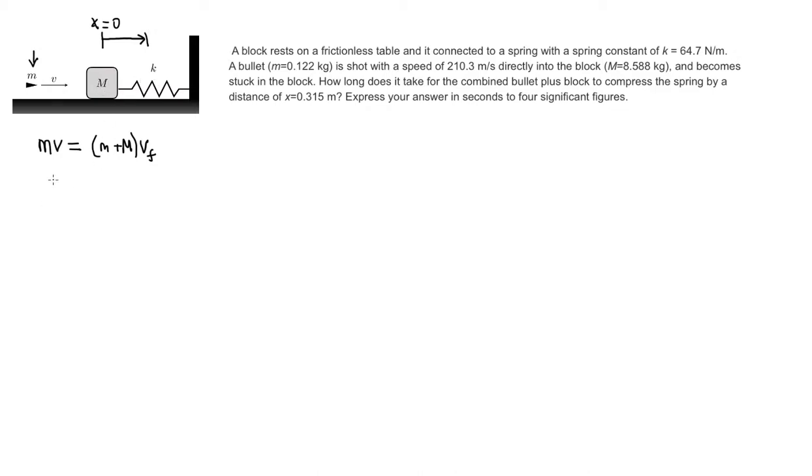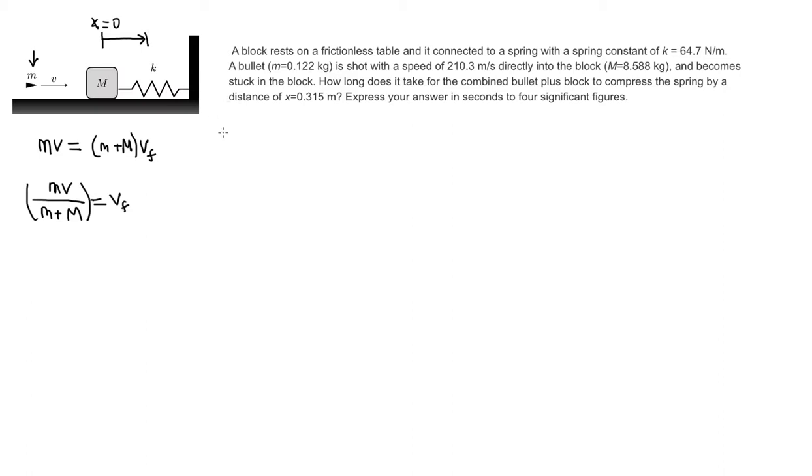So from that, we can say that m times v over the sum of the masses, m plus M, is equal to the v final. So that's how fast this system starts moving from x equals 0.